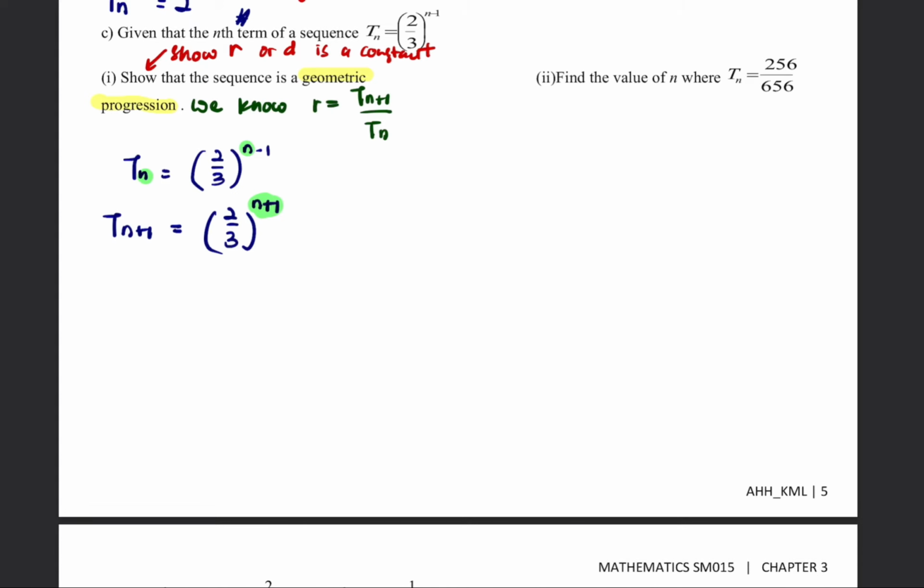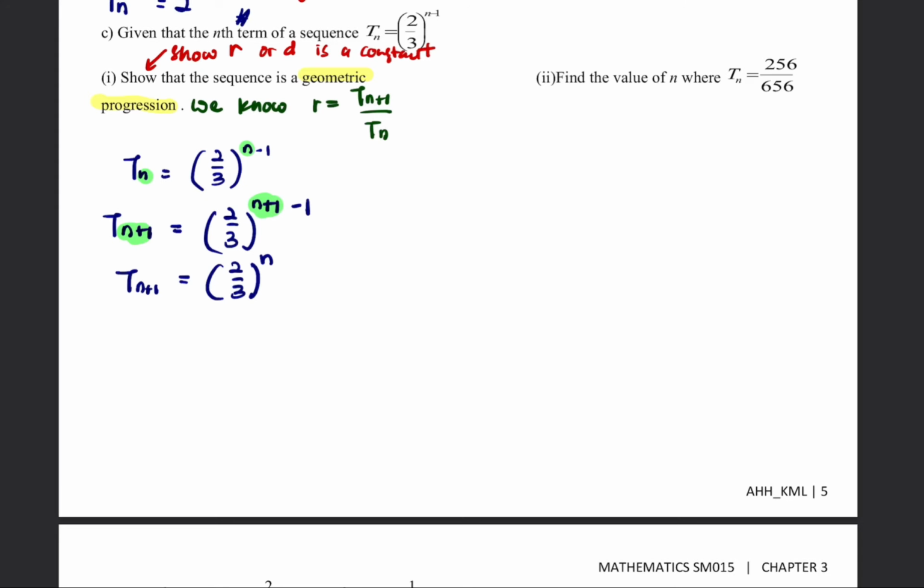Okay, n yang tadi tu kita ganti dengan n plus 1. So ada minus 1 lagi kat situ. Boleh nampak? Okay. N kita ialah n plus 1 sekarang ni. So n dekat sini kita kena ganti dengan n plus 1 lah. So simplify, we will get 2 over 3 to the power of n plus 1 minus 1. Kita ada n lah.